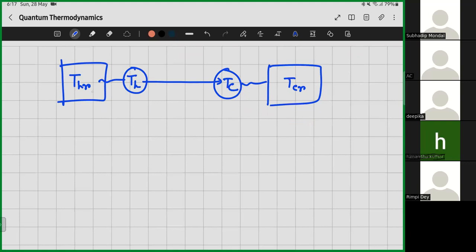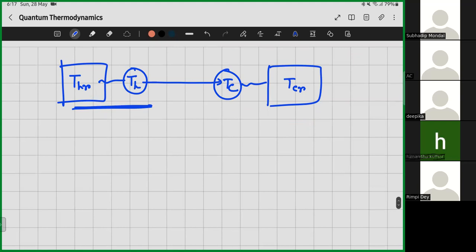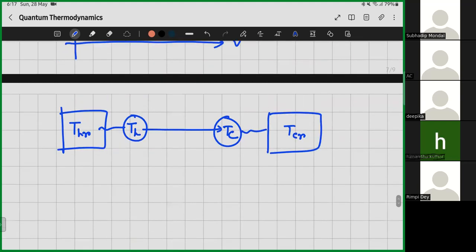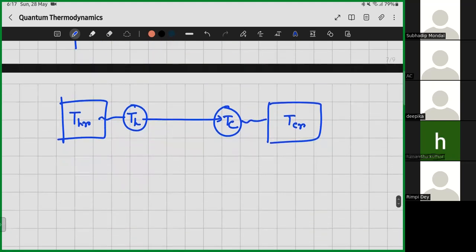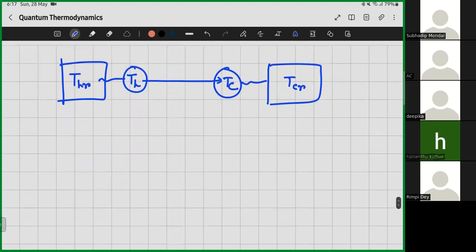Otherwise, if the system is always in equilibrium with the surroundings, then TH will be equal to THR, and in that case the traditional Carnot cycle will be generated, and there will be no sense of power. So if we consider this picture, THR is greater than TH, greater than TC, greater than TCR.